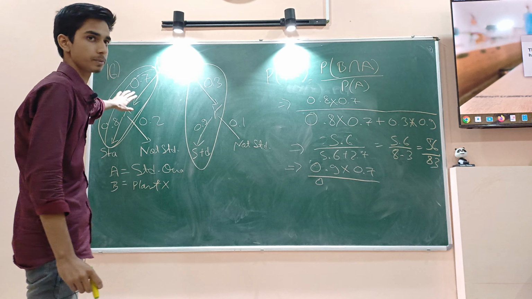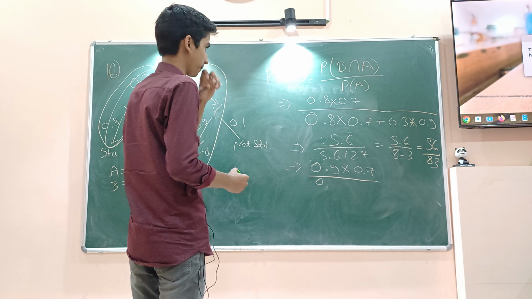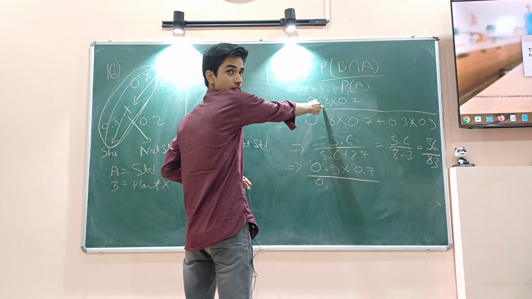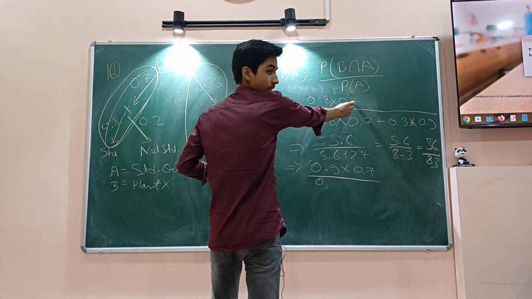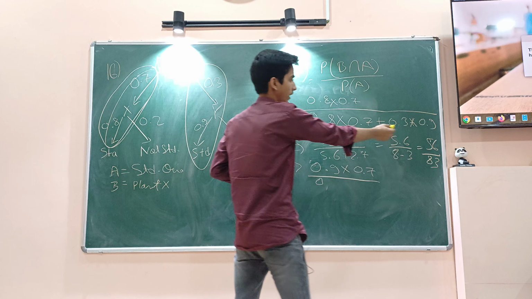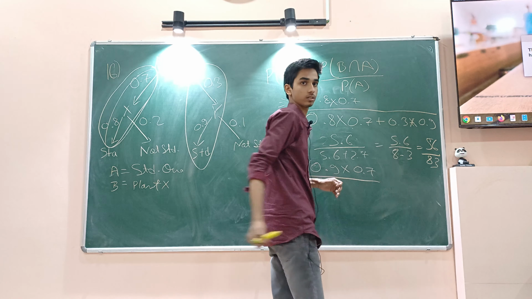Oh, like it became 90% and this one 10%. So here this will be 0.9, this one 0.9, and here will also be 0.9, and here will be 0.1.